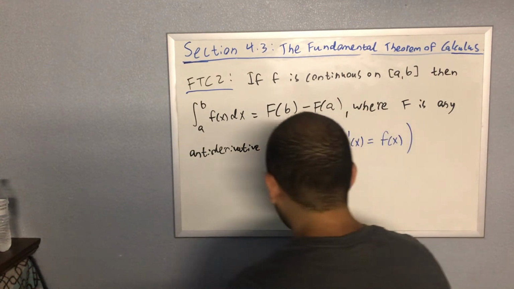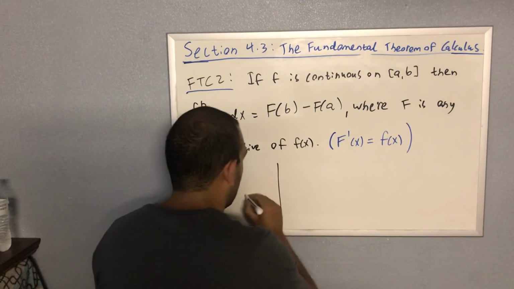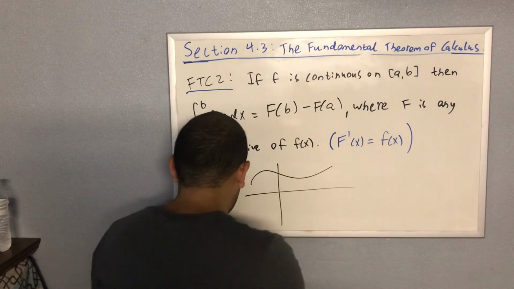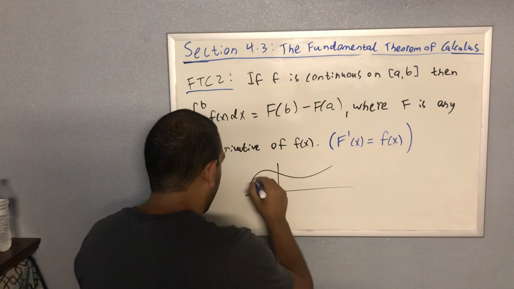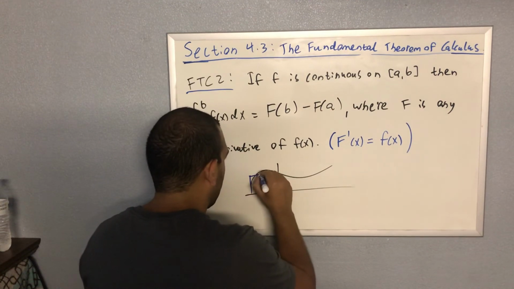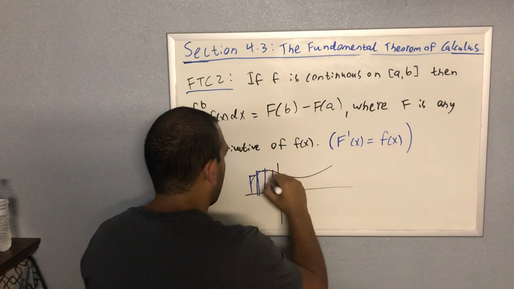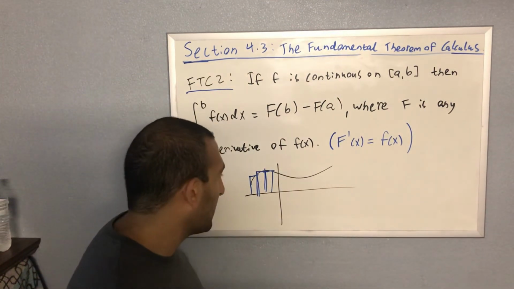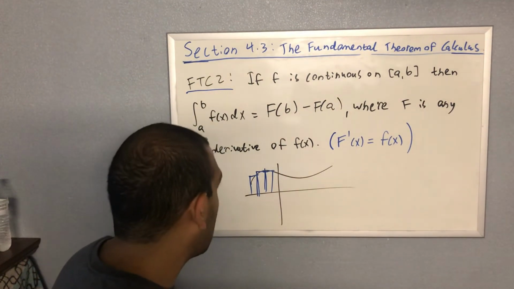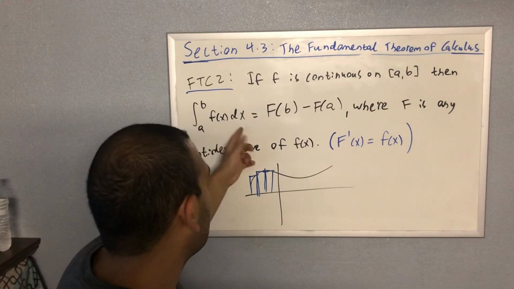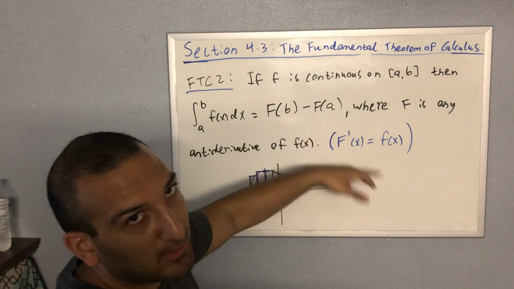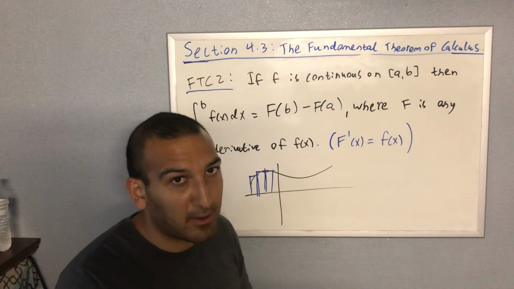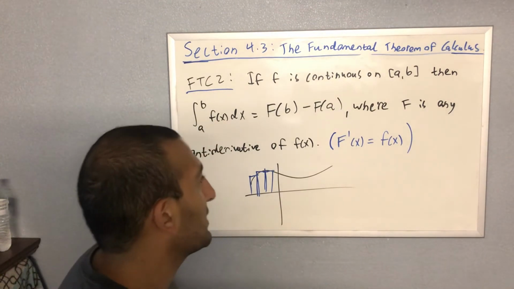As opposed to coming up with this curve, making these rectangles, and finding the limit of the area of these rectangles and so on, all you have to do is take the antiderivative, stick 2 numbers into it, and subtract, and that perfectly gives you the area underneath the curve.